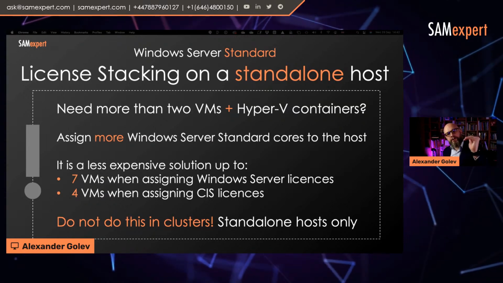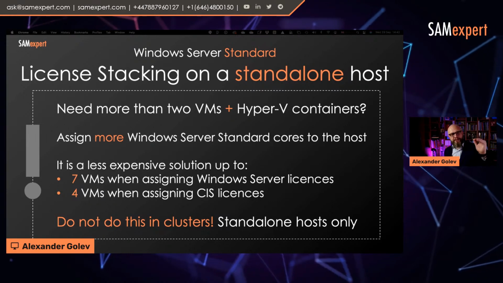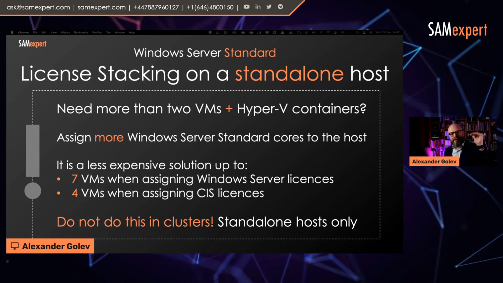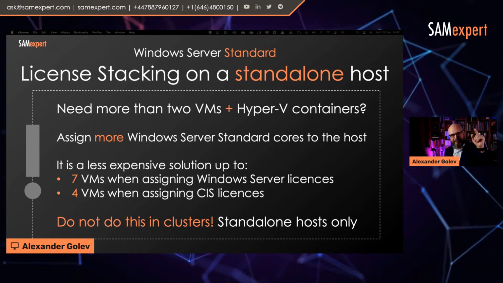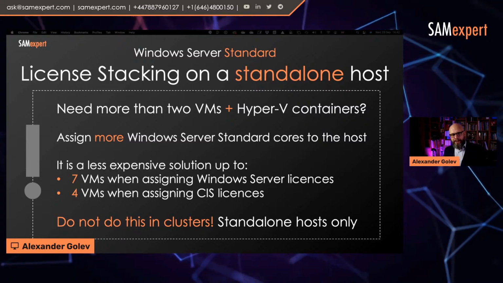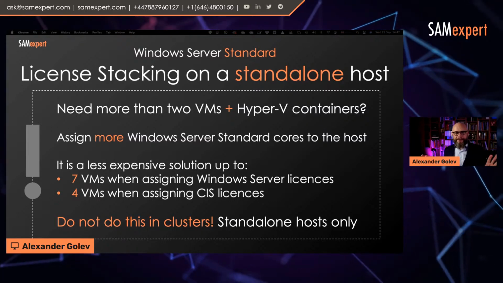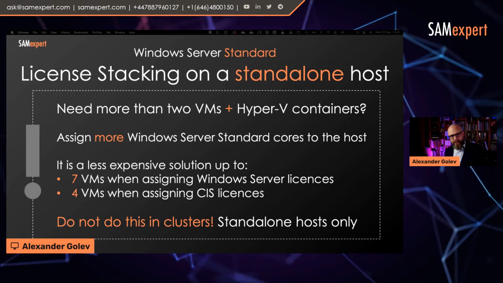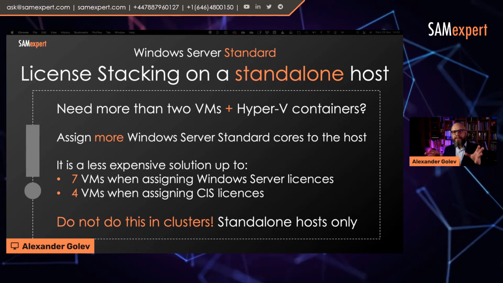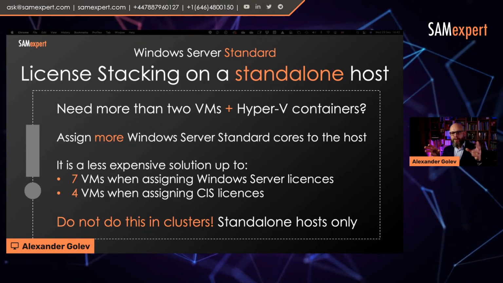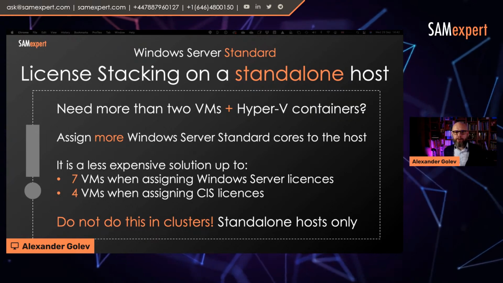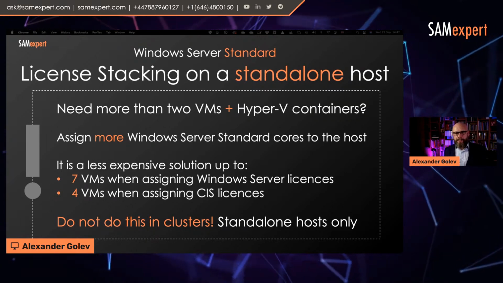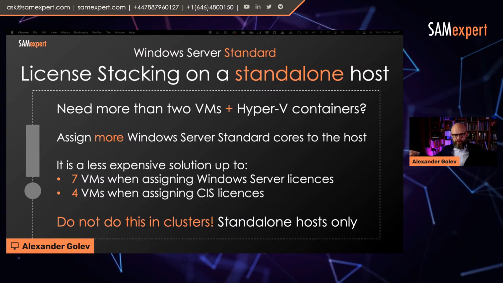What Microsoft requires you to do, if you use license stacking, is to license each host for the maximum number of VMs in the cluster, the total cluster. I know it's not a fair rule, but that's the way it works. So when you're thinking about whether it is cheaper to assign a Windows Server Standard license to a cluster, count the total number of Windows Server VMs, the total.